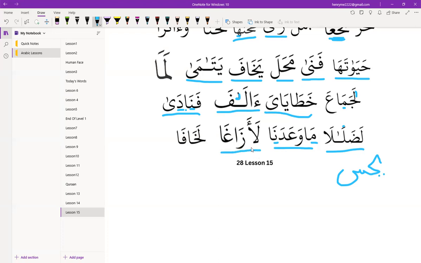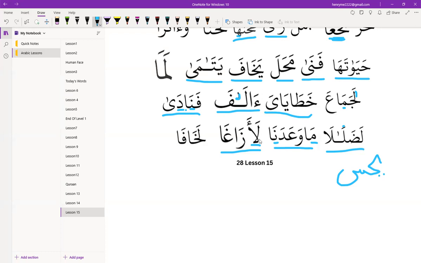Next, la azagha. Here we have two letters doubled as well. The fatha on top of the za, also the fatha on top of the gha. And if you notice here, the la, we have alif after it, but the alif here has hamza on top.